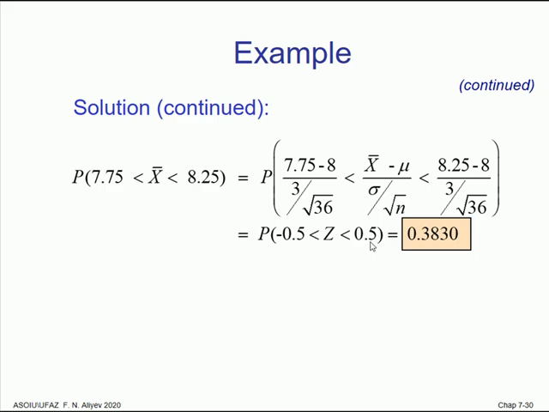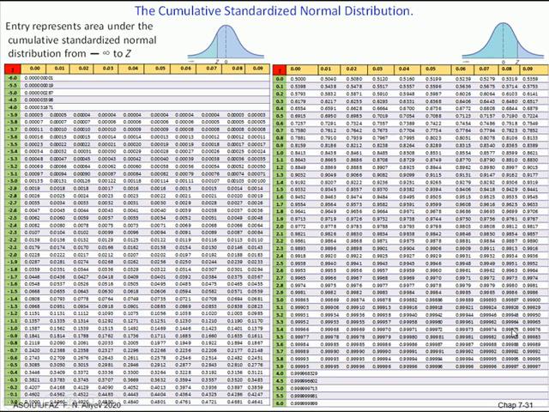Let's find it out. Okay, now let's calculate the probability of z less than 0.5. It's 0.6915. That's the number here, the left side area. And here, the probability of z less than negative 0.5 is 0.3085.